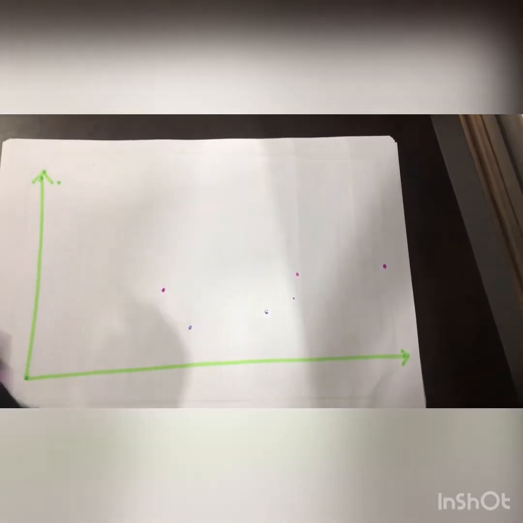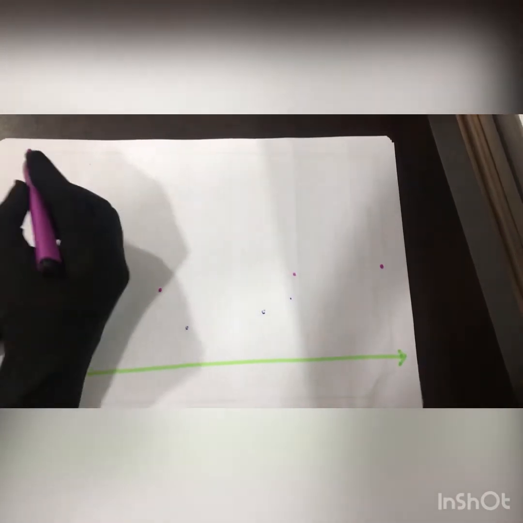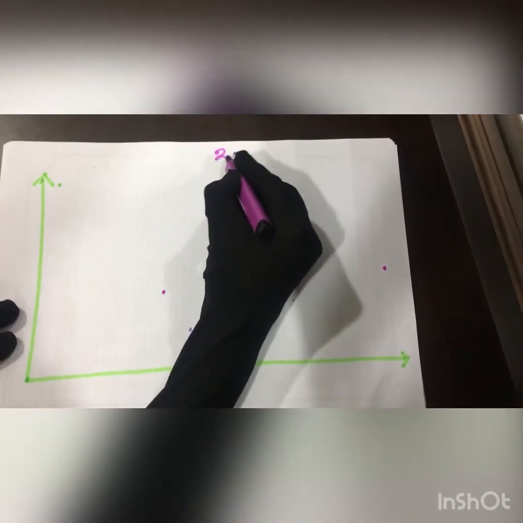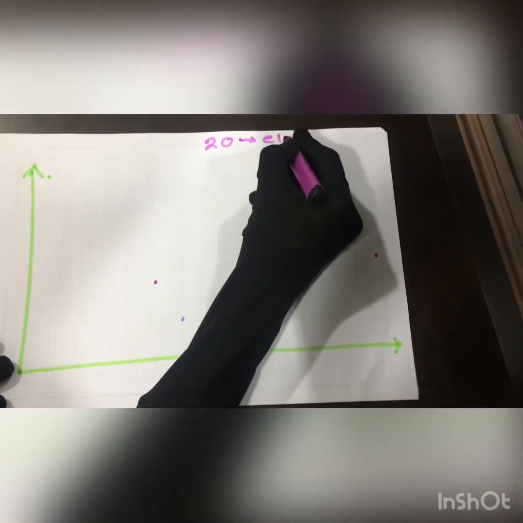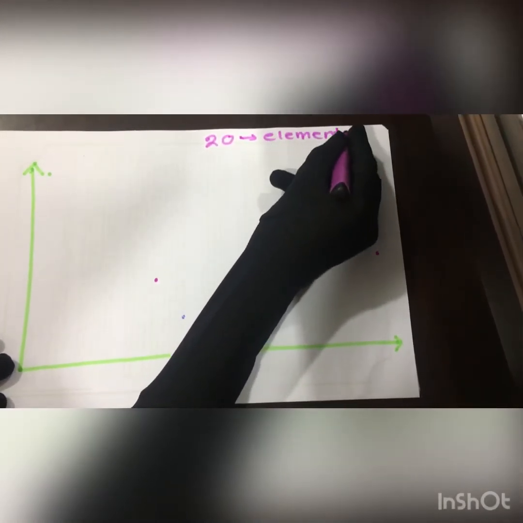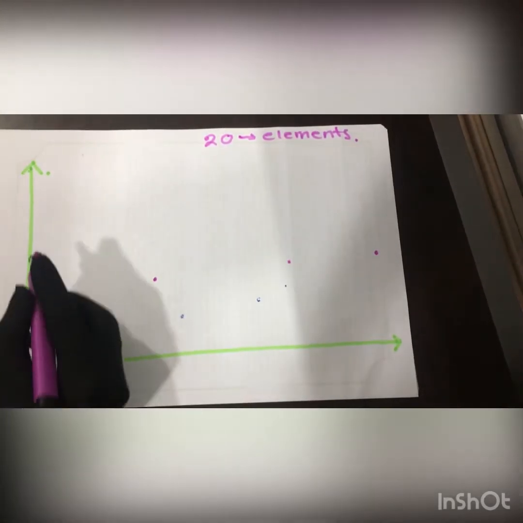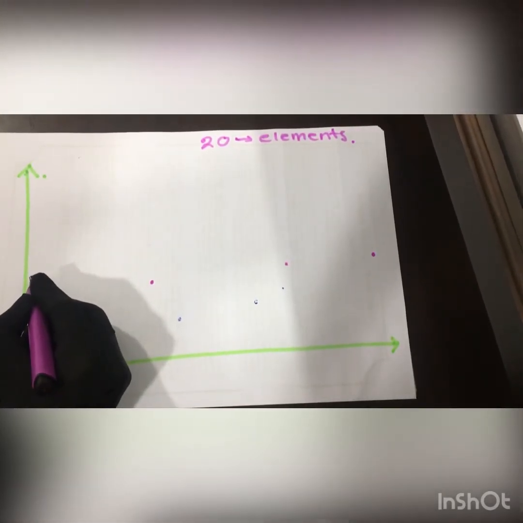There are 20 elements, that is, you are learning 20 elements in the periodic table, so 20 elements should be present in this graph. An easy method to remember: just start somewhere from the middle.